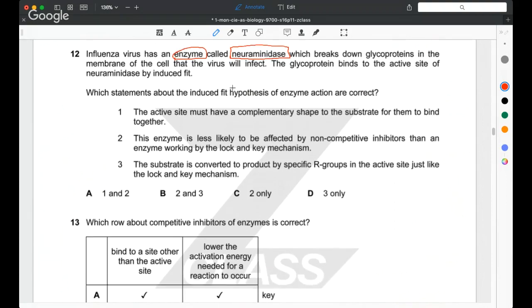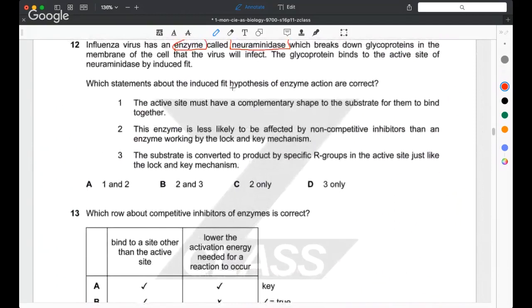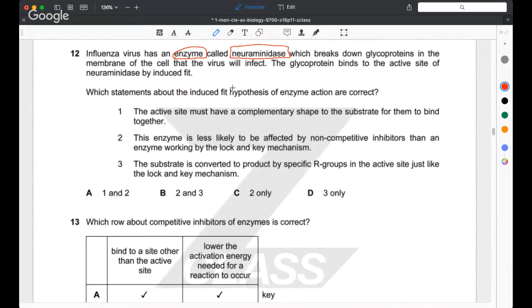Tells you a little bit about that particular enzyme, and it's talking about induced fit. So the idea here is that if you've got an enzyme which is made from a chain of amino acids, then there might be a kind of pocket in the enzyme.